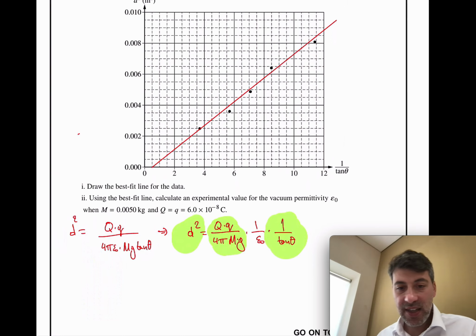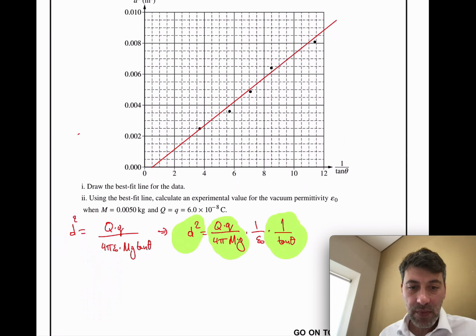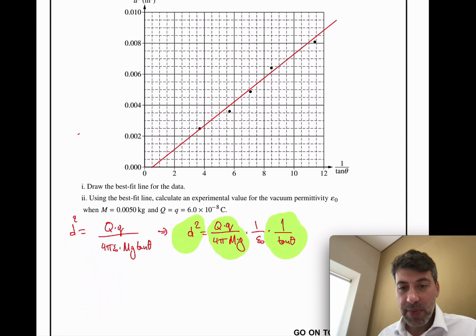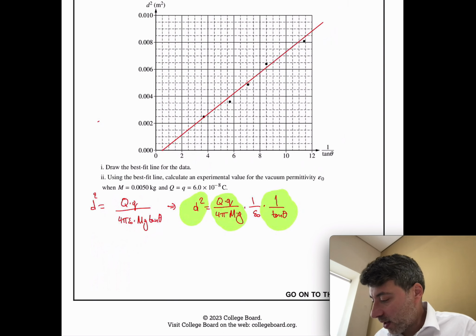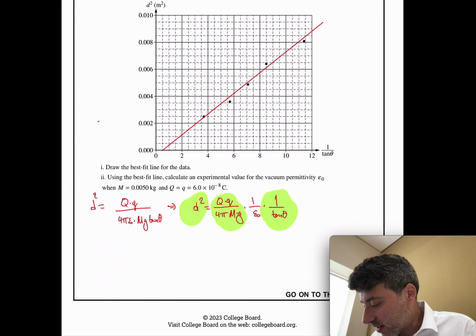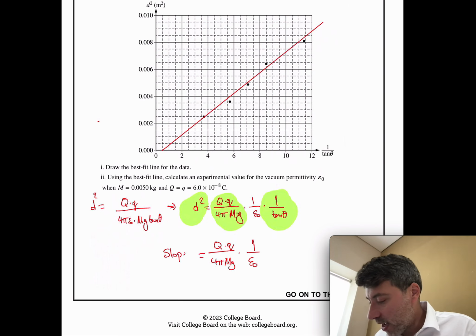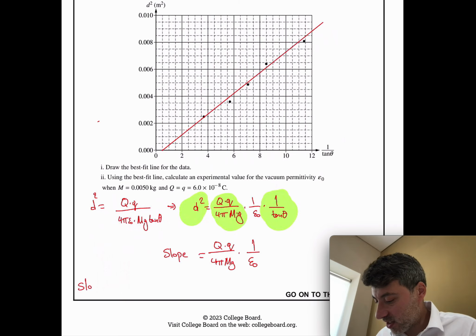Our coefficient here, all these values are given, and the only thing that is unknown is the value of the electric permittivity. So first we're going to say that Q over 4 pi mg multiplied by 1 over epsilon 0 is equal to the slope, and we need to find this slope.